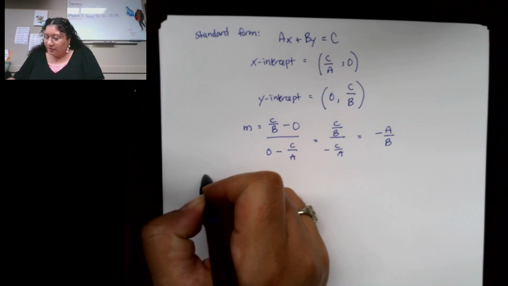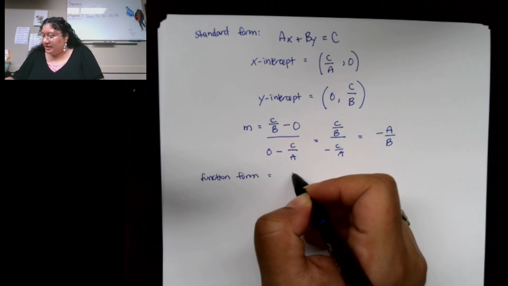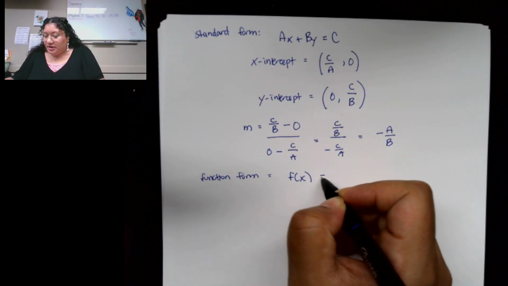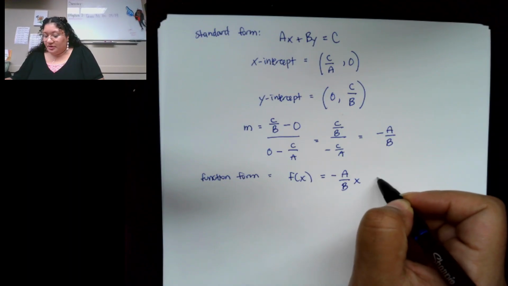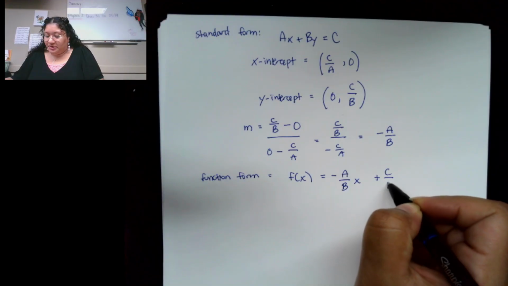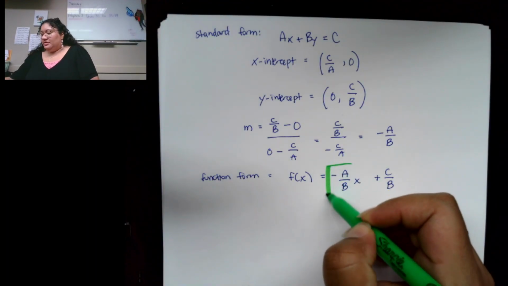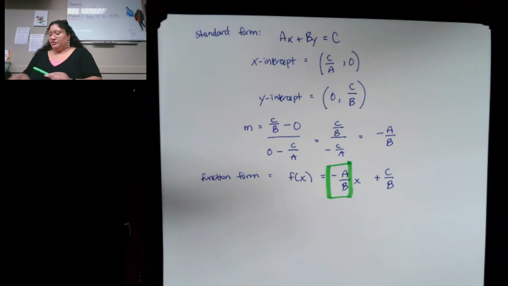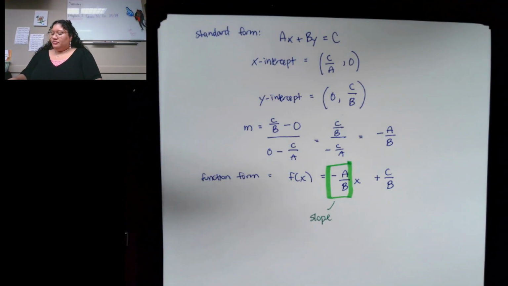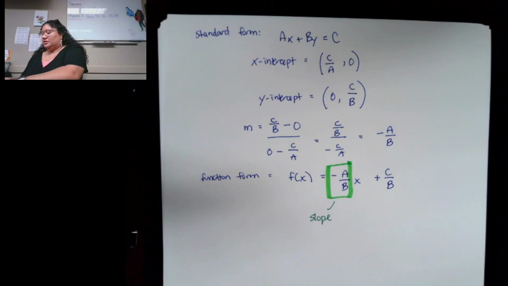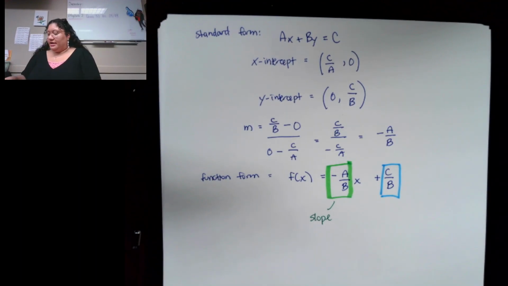My function form, again, is f of x equals negative a over b x plus c over b, where this is beautifully my slope, and this is my y-intercept.